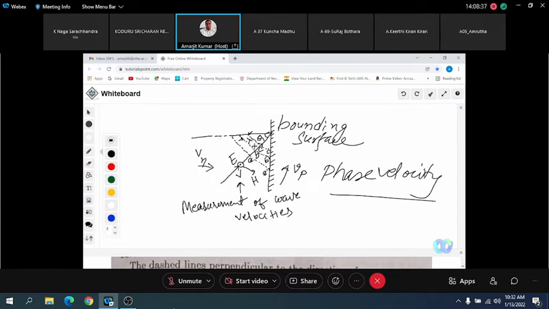If it represents one cycle of the wave, the distance from A to B will be lambda, one wavelength, the distance between two crests or two troughs. And how do we define the time of one cycle? Tc is equal to lambda upon velocity v of the wave, so v is equal to lambda upon Tc.